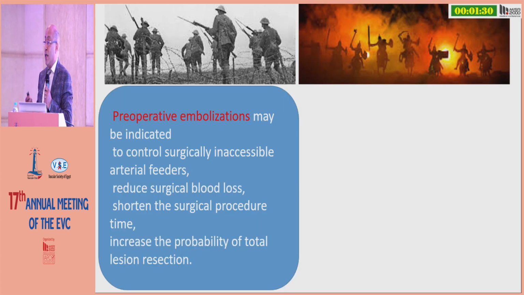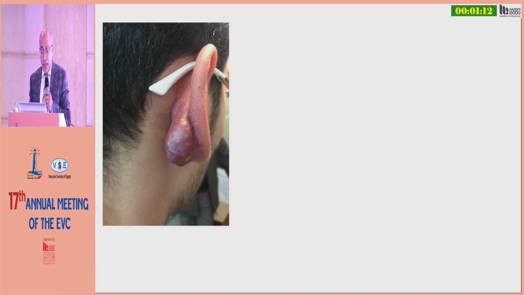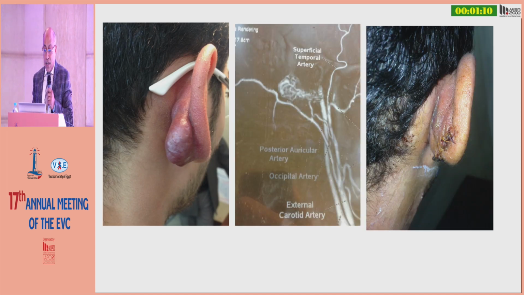Can we do the preoperative embolization and then do a surgical intervention? Yes, you can do that, especially for large lesions, to control inaccessible arteries, reduce the surgical blood loss, shorten the surgical procedure, and increase the probability of total resection of the lesions. Lesions with embolization followed by surgical excision, safe.